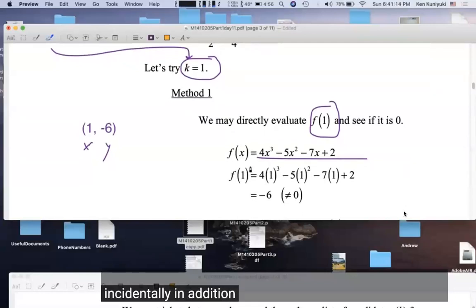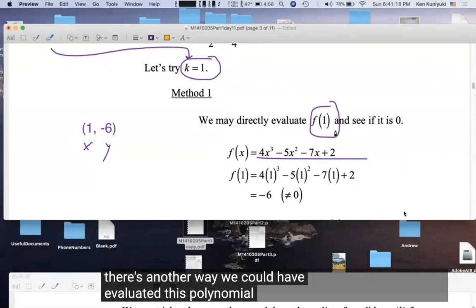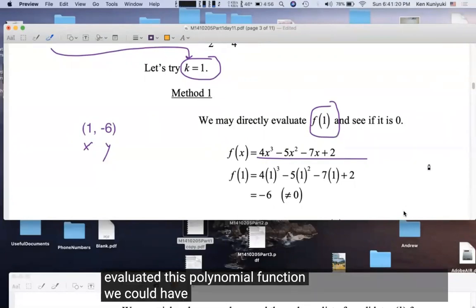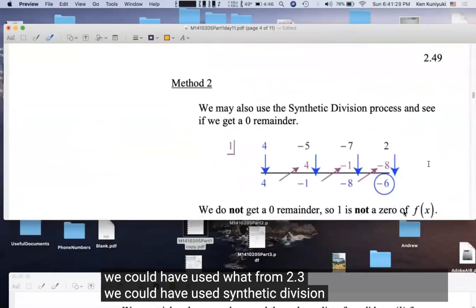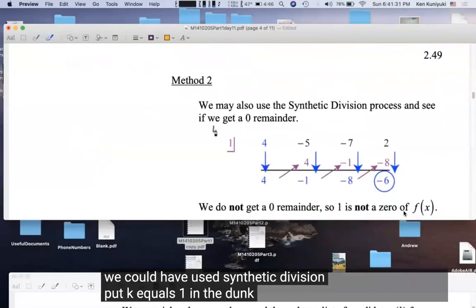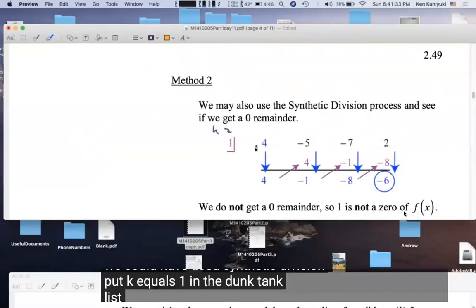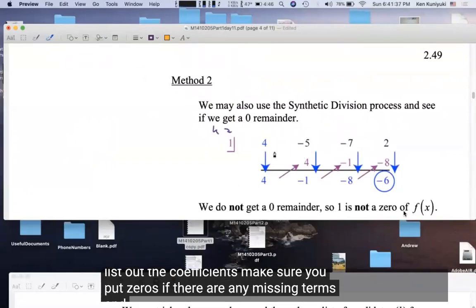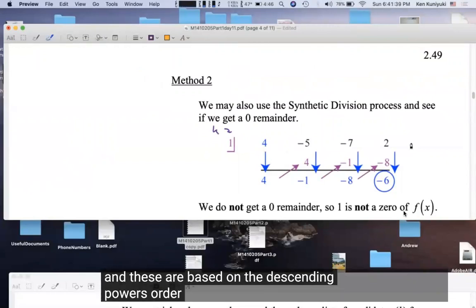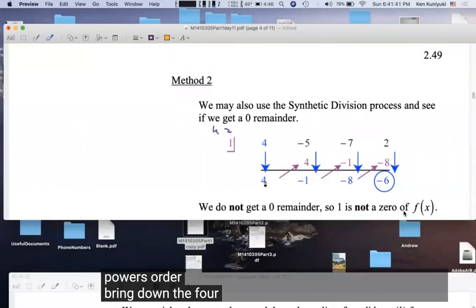Incidentally, in addition to direct evaluation, there's another way we could have evaluated this polynomial function. We could have used synthetic division from 2.3. Put k equals 1 in the dunk tank. List out the coefficients. Make sure you put zeros if there are any missing terms, based on the descending powers order. Bring down the 4. Multiply by 1, or k.